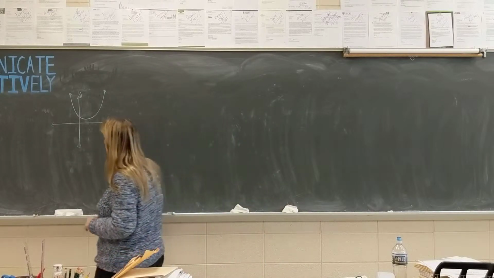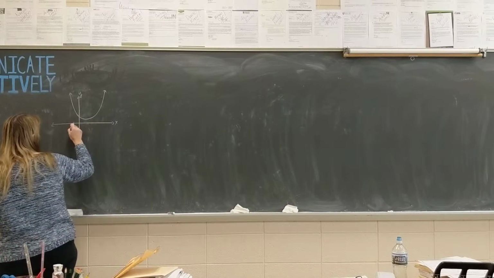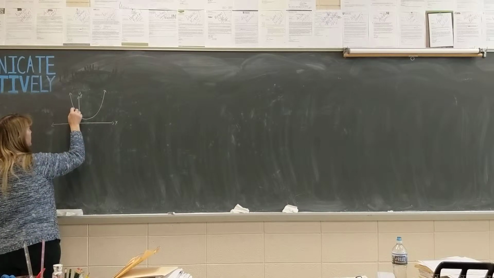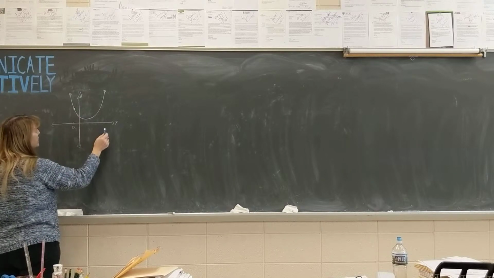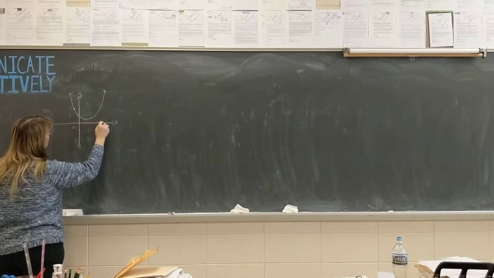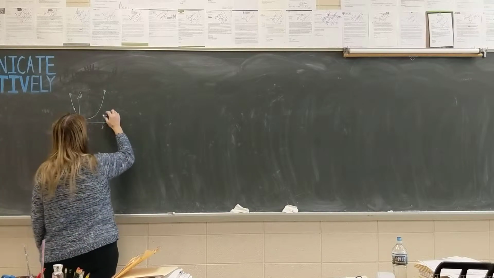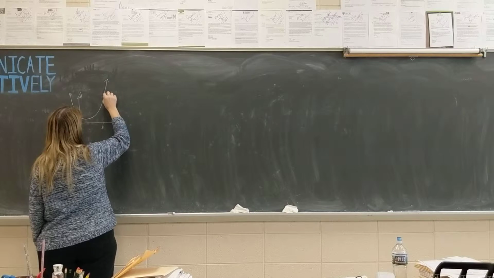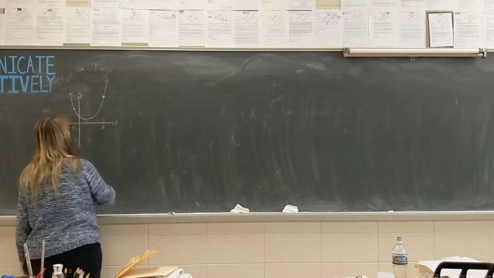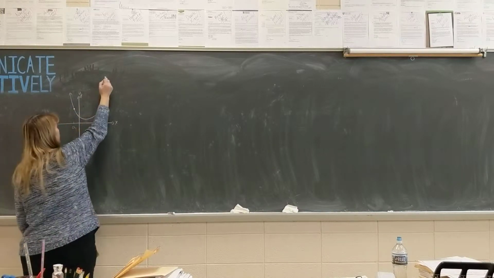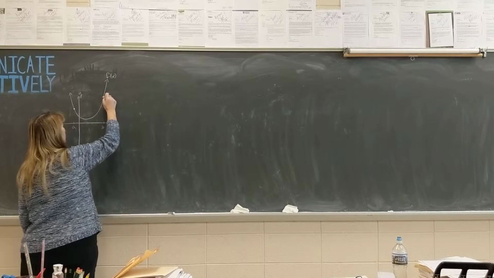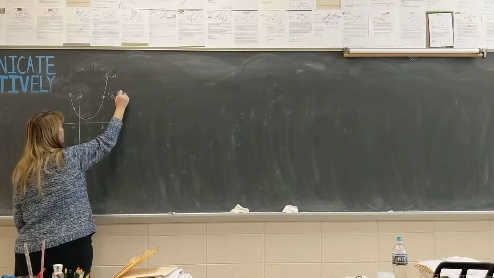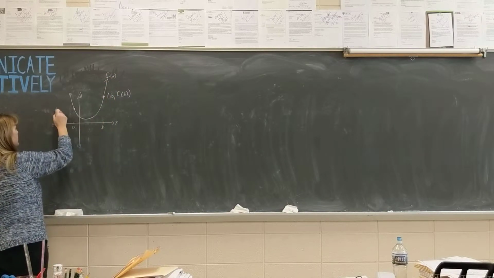And I'm going to pick an A value over here that's negative, but not too much negative. So there's my point. And I'll pick a B value over here, and I will go up to wherever this B is and pick a point. So this could be my function f of x, which means this is B, f of B.